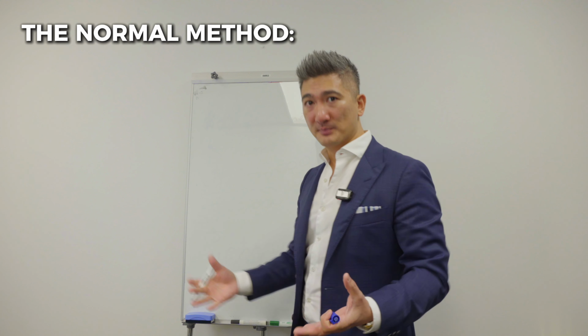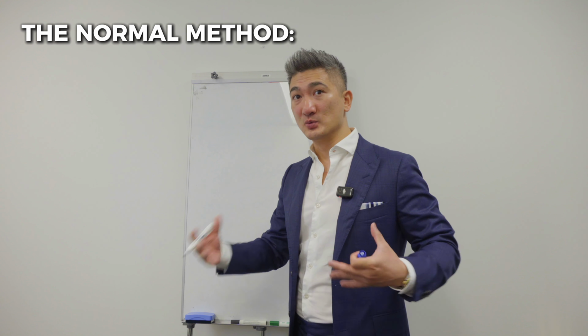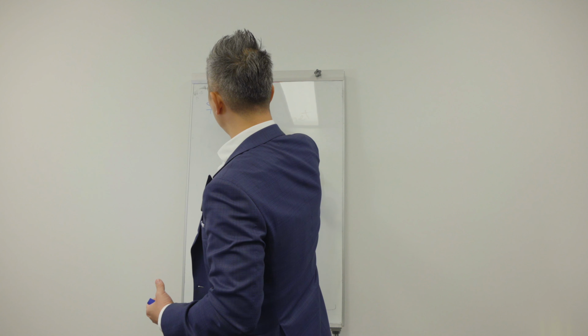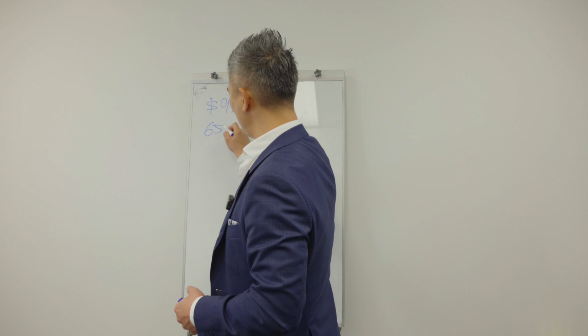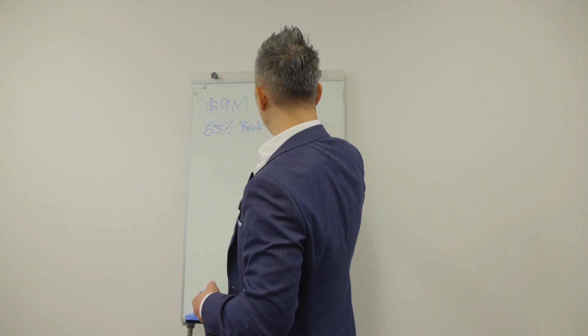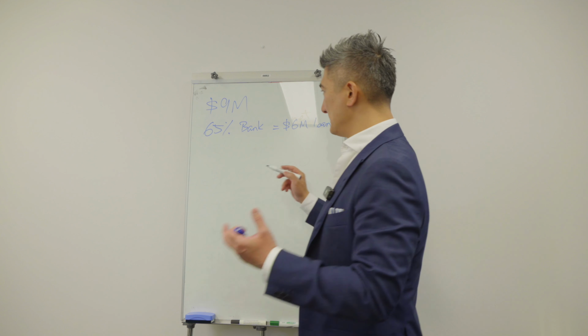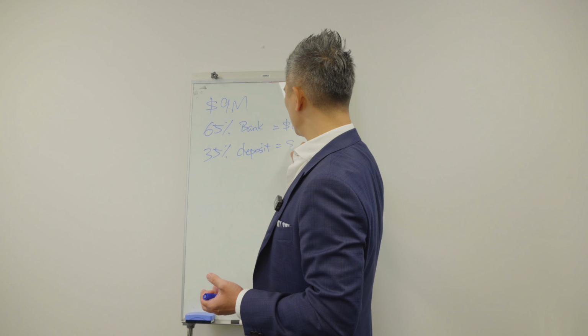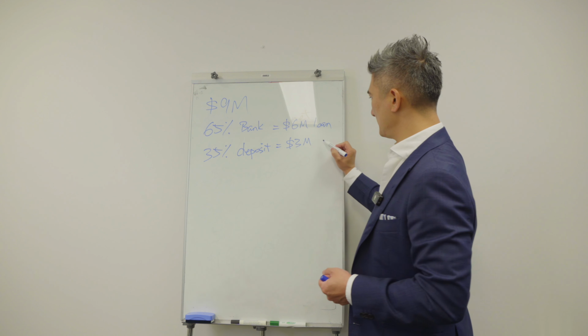Typically, if you were to buy a $9 million property, this is how you would structure the deal. Let's say your purchase price is $9 million. You're going to borrow 65% from the bank, which is roughly, let's call it, a 6 million loan. And then you're going to pay the 35% deposit balance, which is, let's call it, 3 million. That's going to be cash.